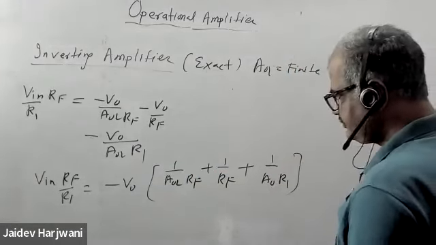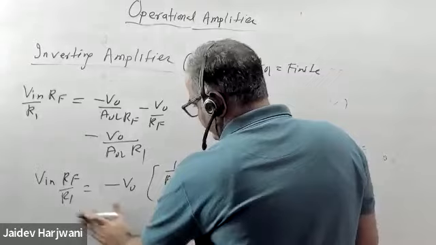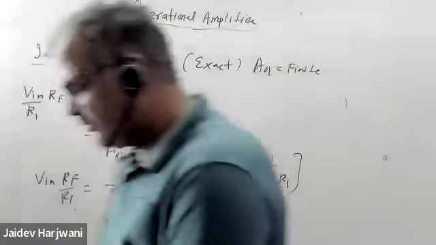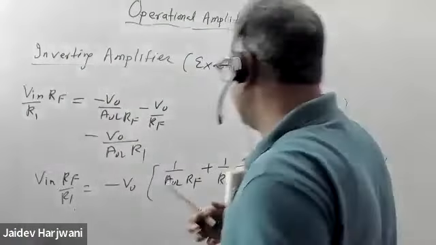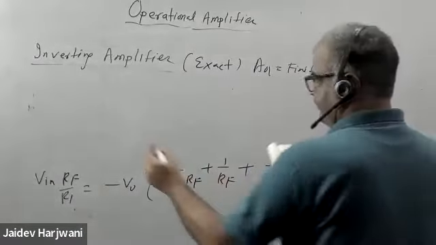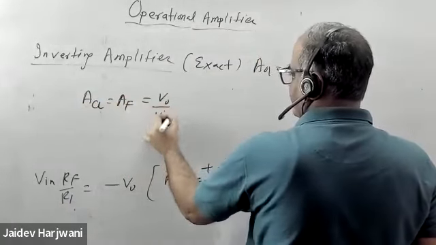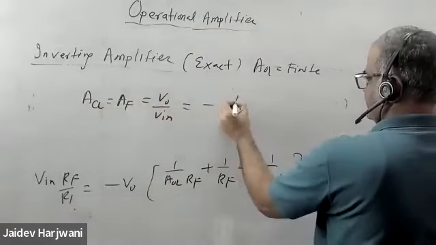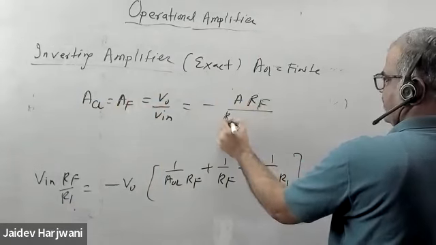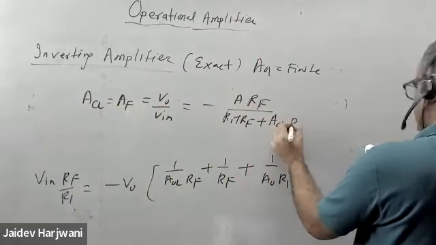Now you can get the loop. You can further solve this one, and I'm writing the direct expression. You tell me whether you're getting it or not. The closed loop gain AF, V naught upon V input, is equal to minus AOL RF upon (R1 plus RF plus A open loop gain R1).